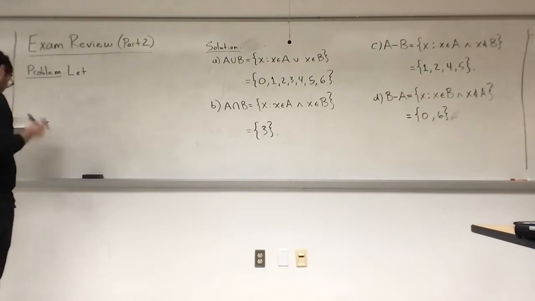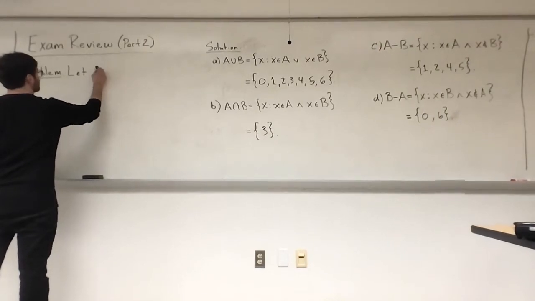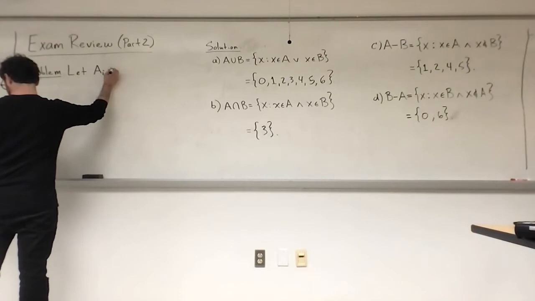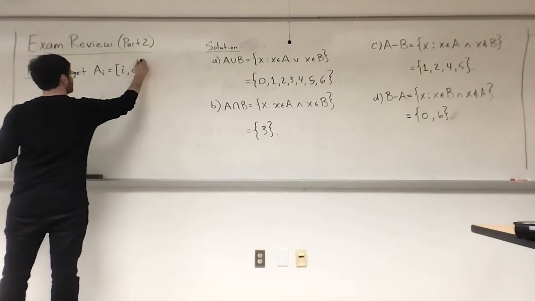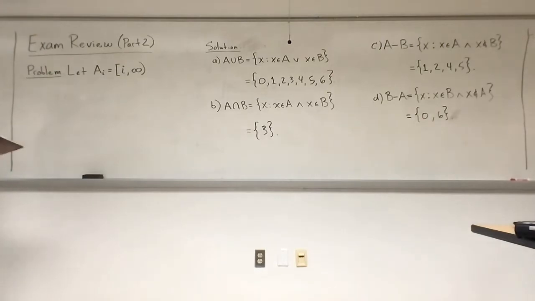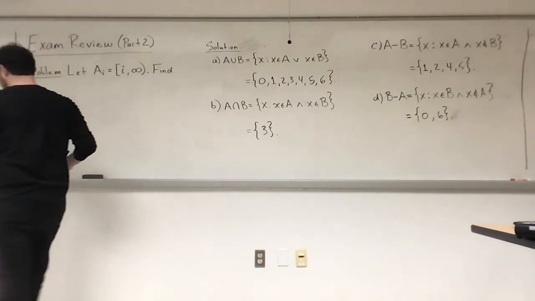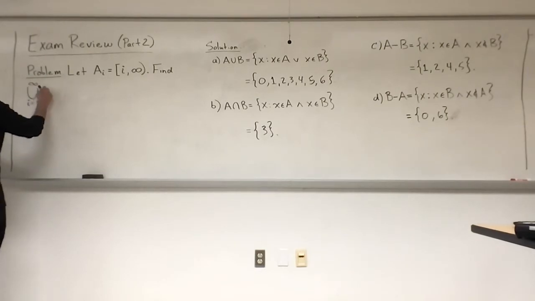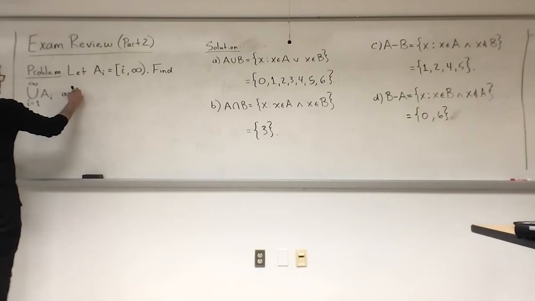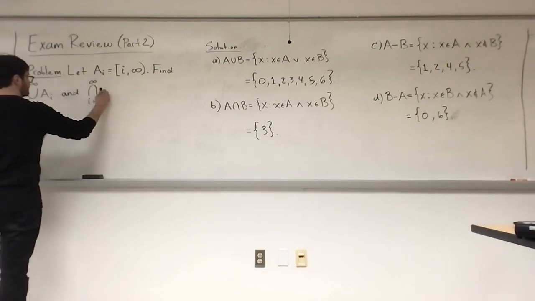Like, let A_i equal the interval i to infinity. So that's interval notation on R. I would ask you to find the union from i equals 1 to infinity of A_i and the intersection from i equals 1 to infinity of A_i.